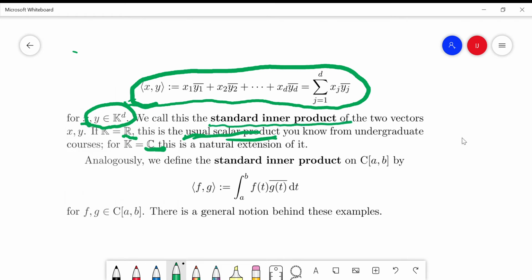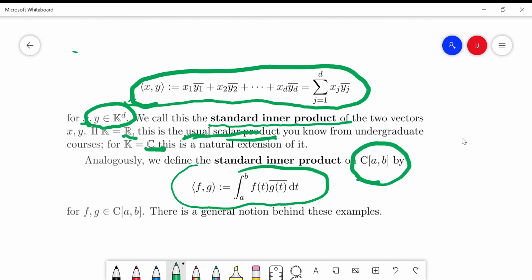So this idea can be carried over to function space. C stands for continuous, so this is the continuous function space defined on the interval [a, b]. For any two functions from this space, we can define the inner product in this form.